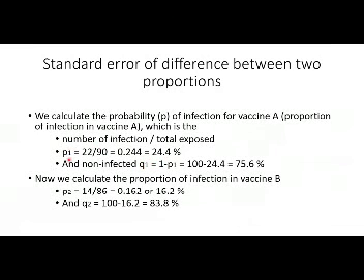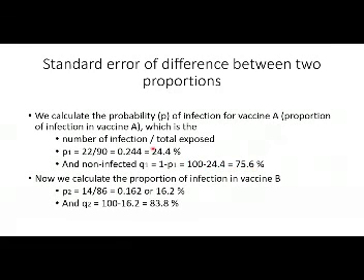P1 is the proportion of those who got infected, and Q1 is the rest of the population, that is 1 minus P1. 1 is the total population, that is 100%, so 100 minus 24.4 is equal to 75.6.